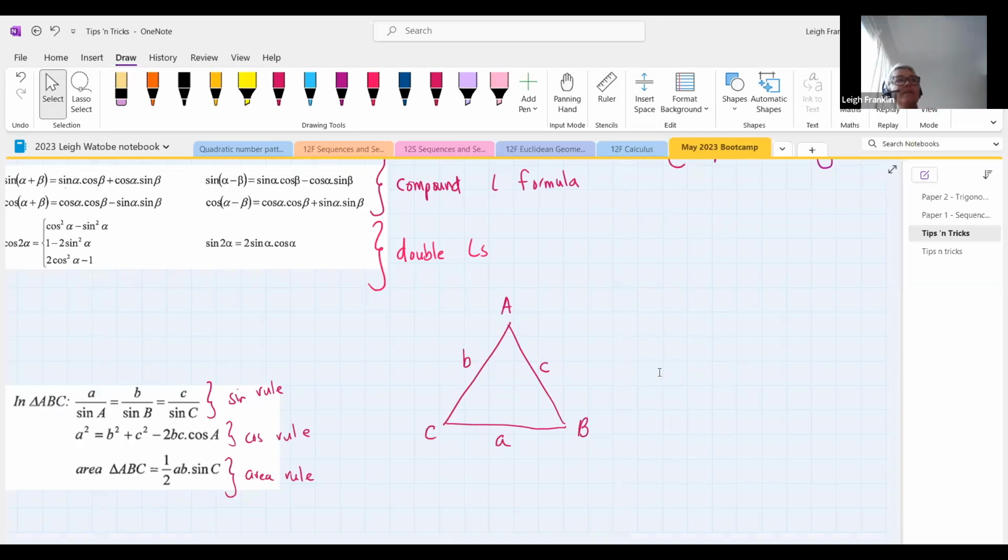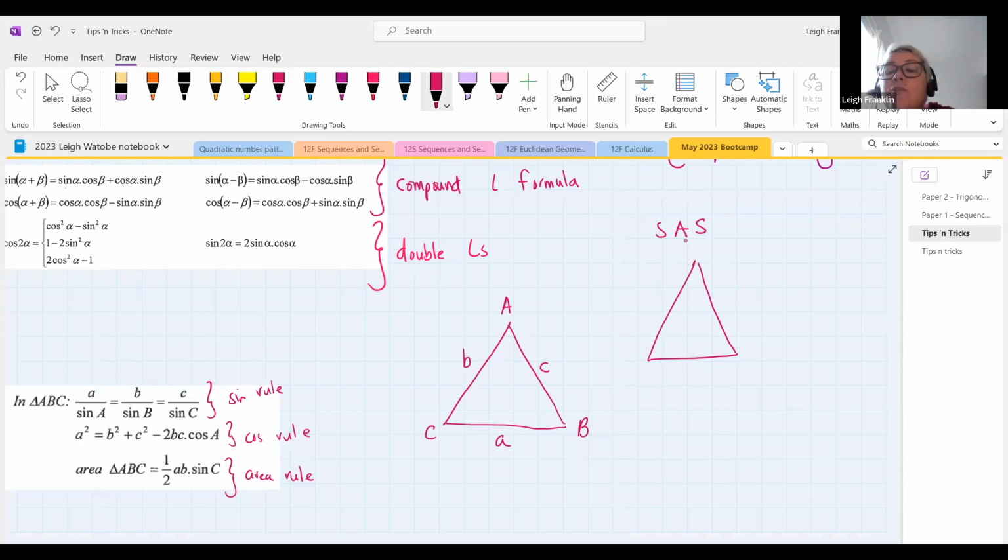If you have a side, an included angle, and a side, or three sides, so side angle side means the side over here, the included angle, and that side over there, or three sides, then you would use the cosine rule to either work out the length of a side or to work out an angle.